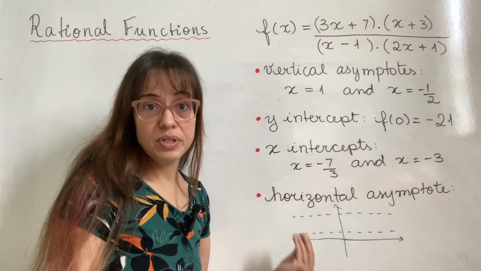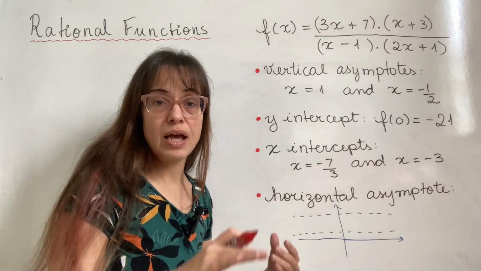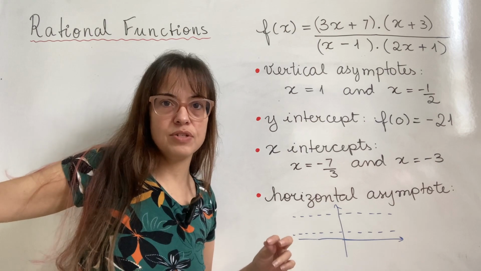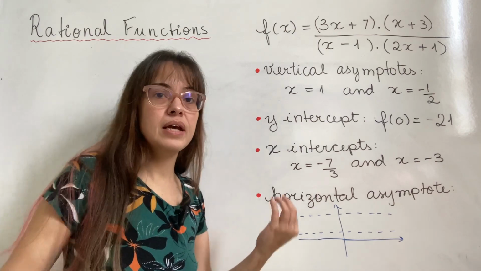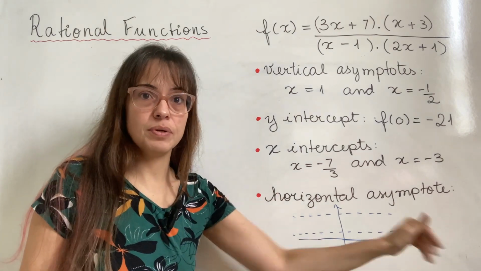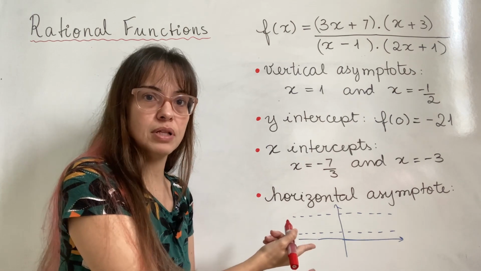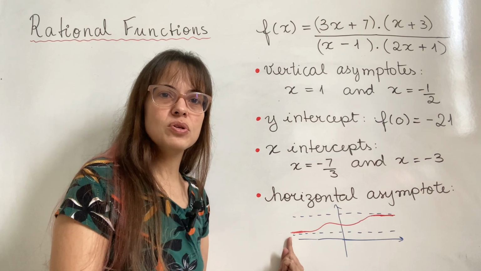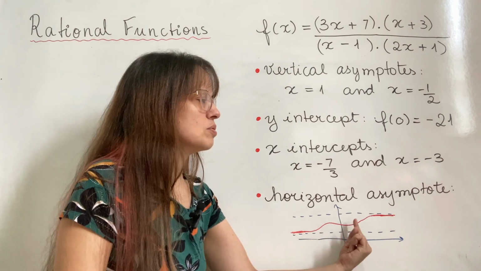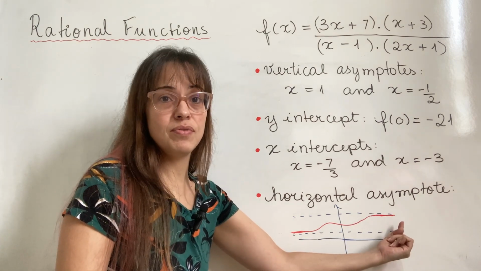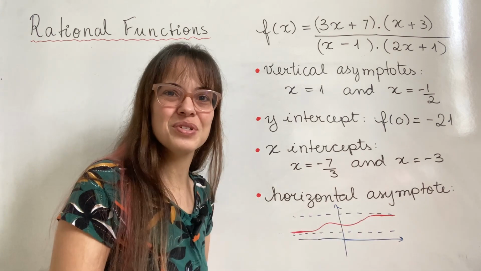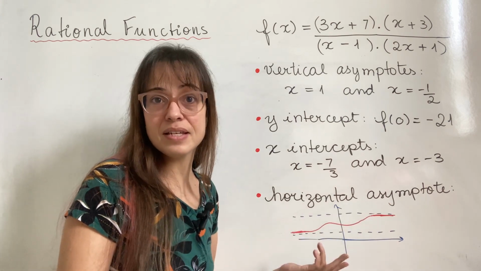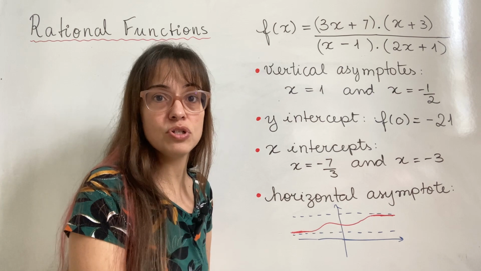So technically you can have functions that have one behavior when x is very large negative number and a different behavior for x very large positive number. It would look something like this. Function started out getting close to one horizontal line, then it did something in the middle, and then ended in the other side getting very close to a different horizontal line. These things exist. There are interesting functions that do that.